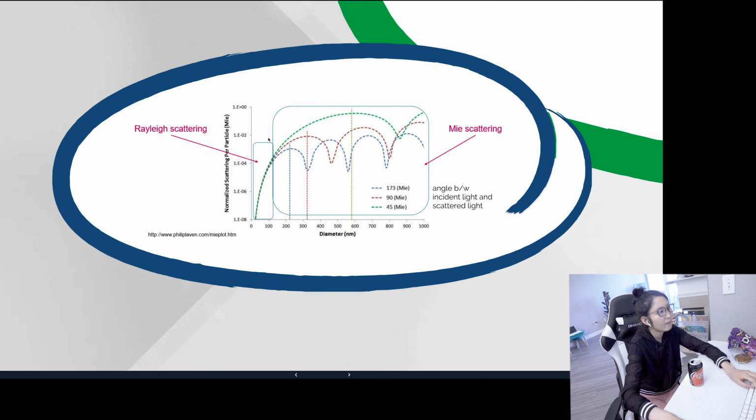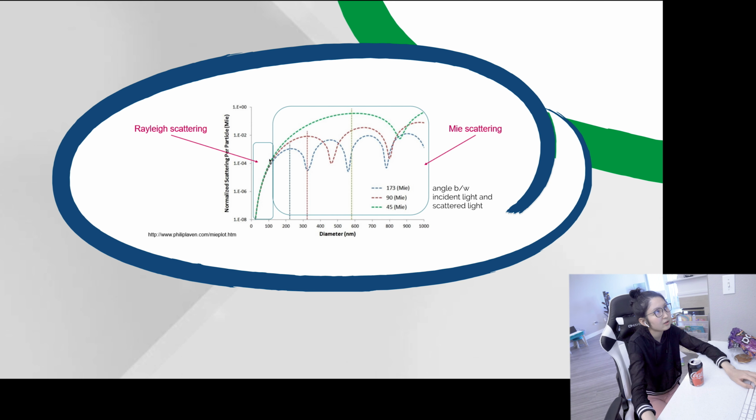Okay, and also what I want to point out is this Rayleigh scattering regime. So when the particle gets smaller and smaller, there's less and less angular dependence. And here, for example, at 100 nanometers, you can barely see the angular dependence anymore.